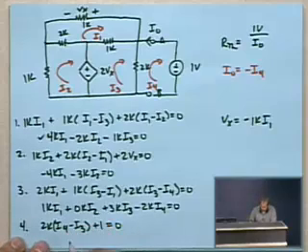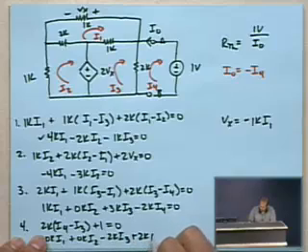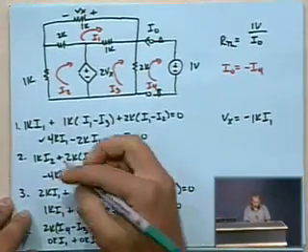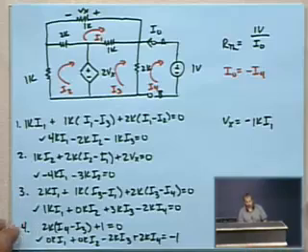That simplifies to 0K I1 plus 0K I2 minus 2K I3 plus 2K I4 equals negative 1. So there are the four equations that we'll solve simultaneously.